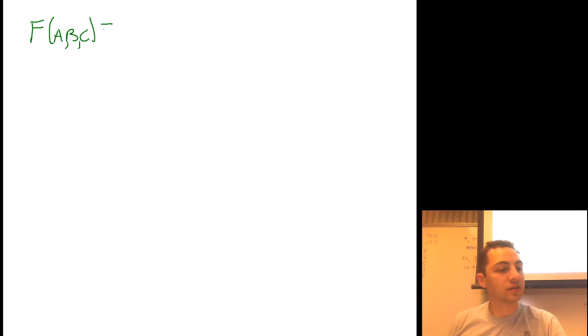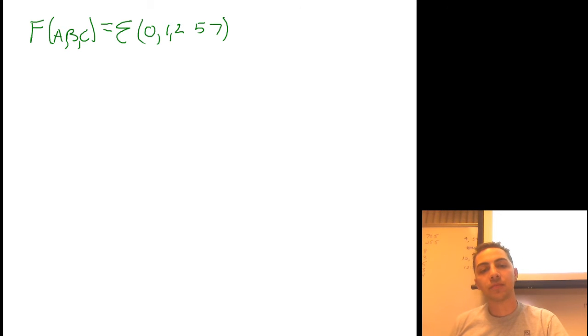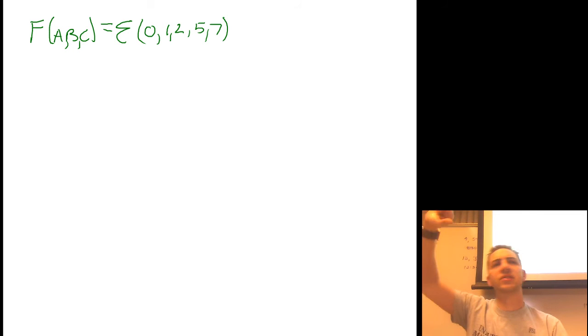Number 3. Implement the following circuit. F of A, B, C is equal to sigma 0, 1, 2, 5, 7. What did people think of this problem? Thumbs up, thumbs down.